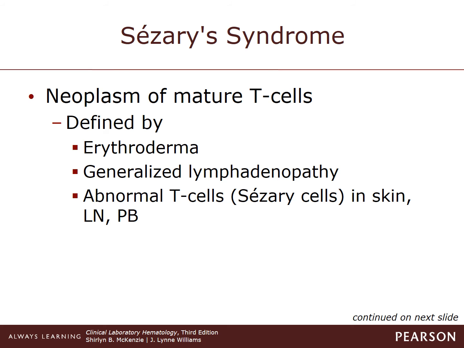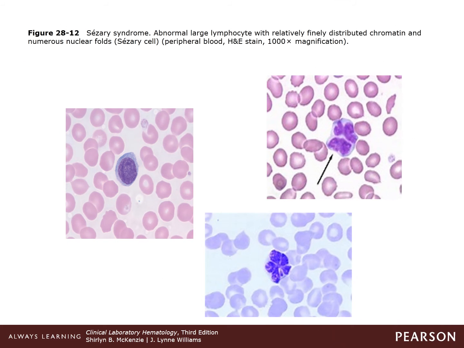Now, Sézary cells are mature T helper cells and express CD3 and CD4, and usually lack CD7. These are neoplastic T cells.